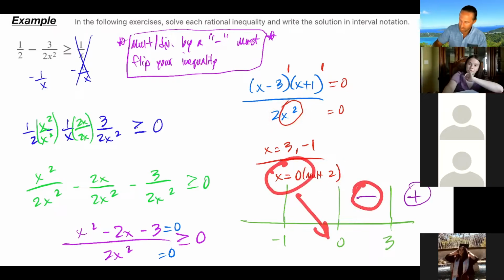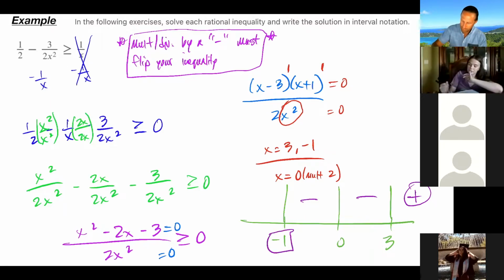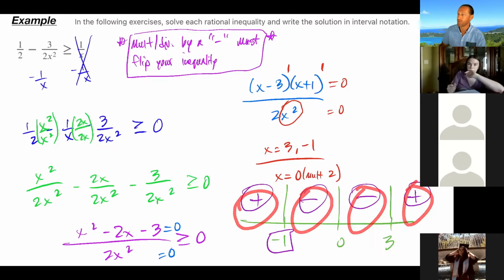So since we know it's negative over here, what is it going to be over here? Negative. The same. Very good. And then what is it at -1? The multiplicity of 1. So it's odd, which means it's going to be the opposite. And do you see how we can test that very quickly without actually having to do it for each and every one? Just by knowing the multiplicities that we went over earlier in this chapter.